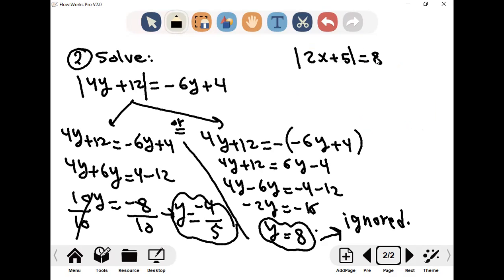Here we didn't substitute the solutions, right? Because this is always what? Positive. But here, not always. It can be positive and it can be negative. That's why we need to check our solutions, right?